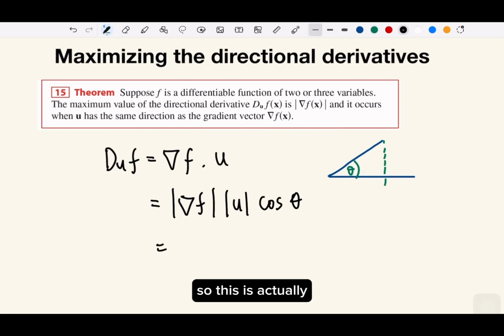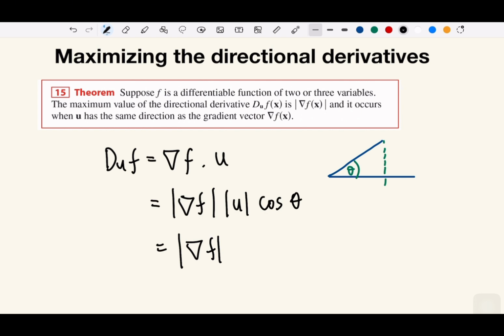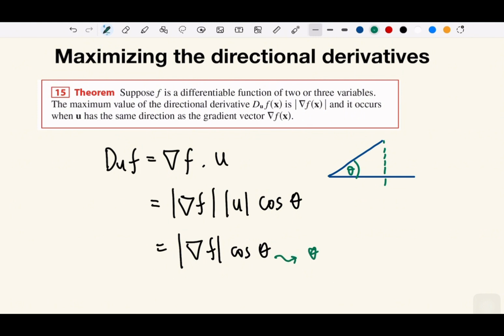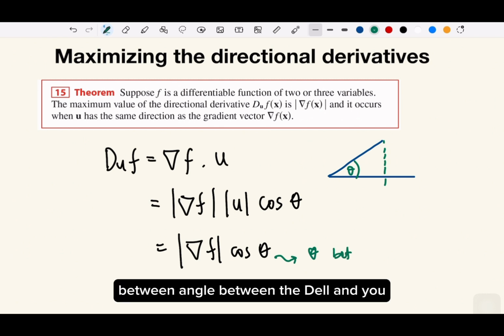So we can express this by taking this. And theta is basically the angle between del f and u.